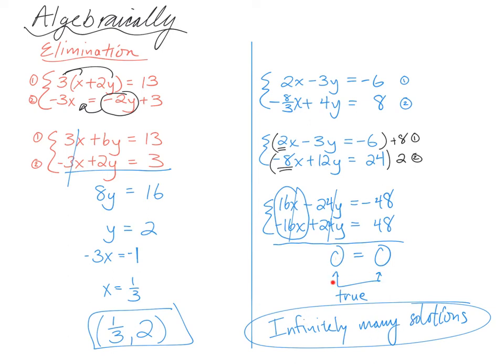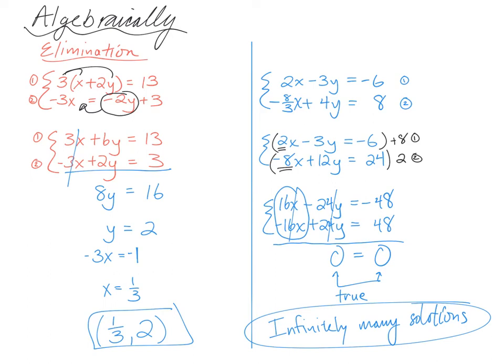If you get different numbers on each side, then it's false, and you get no solution. Just like back on the last slide with the substitution, we got 2 different numbers on either side of an equal sign that made it false. Back in substitution, if you get the same number on both sides, that's true. That's how you would get infinitely many solutions with that.